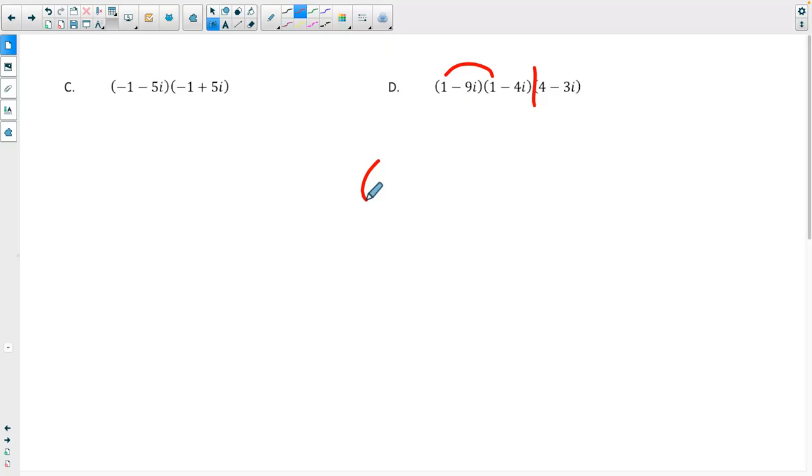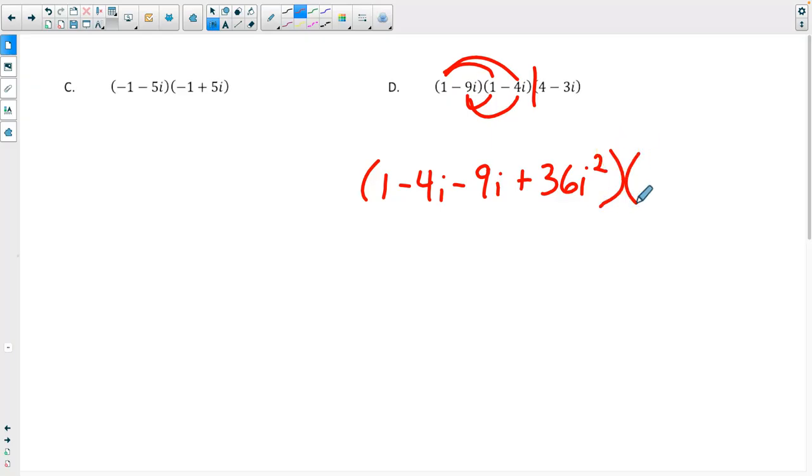So I got parenthesis 1, multiply the next piece, I get -4i, multiply the -9i and the 1, and lastly, I get 36i squared. Close my parenthesis and put 4 minus 3i.